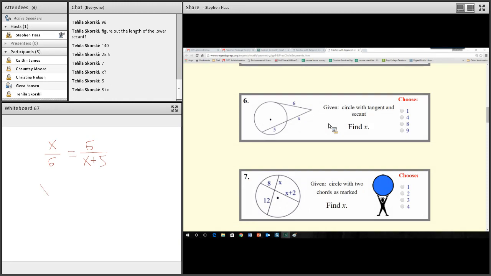So you have x times x plus 5, because that's cross-multiplying, equals 36. Now here, again, hopefully you remember how to do quadratic equations. If not, that's okay. Let's distribute. X times x is x squared, plus 5x equals 36.